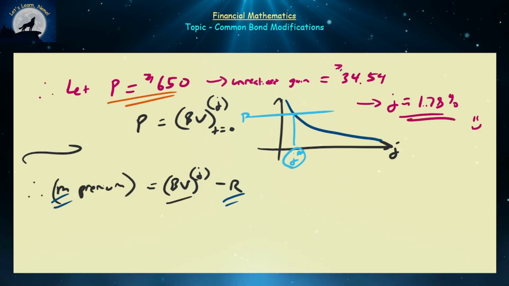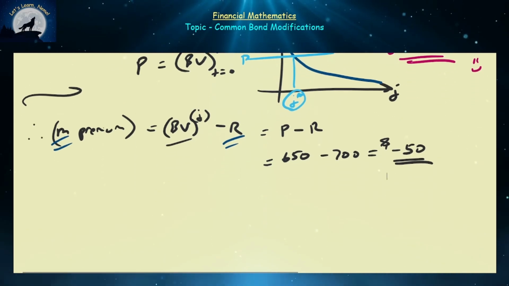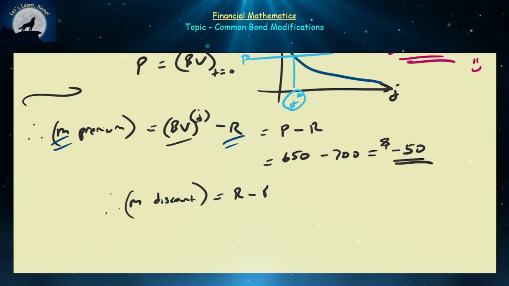So since BVJ is simply just going to be equal to P, that means we just need to calculate P minus R. So keep in mind, P is going to be equal to 650 and R is going to be equal to 750. So notice that here we have minus 50. So our maturity premium isn't actually a premium at all. It is a discount. So that means our maturity discount, which generally speaking is defined to be equal to R minus BVJ at time t equal to 0, is obviously going to be equal to $50, right?